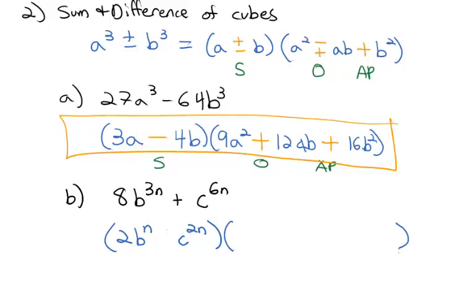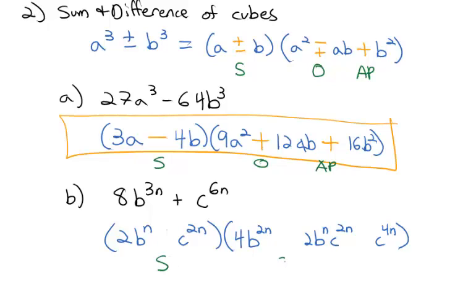And then in the trinomial, we square the first. 2 squared is 4. b to the n squared is b to the 2n. Multiply them together, so we have 2b to the n, c to the 2n. And then we square the last one, which is c to the 4n, squaring, multiplying the exponent by 2.